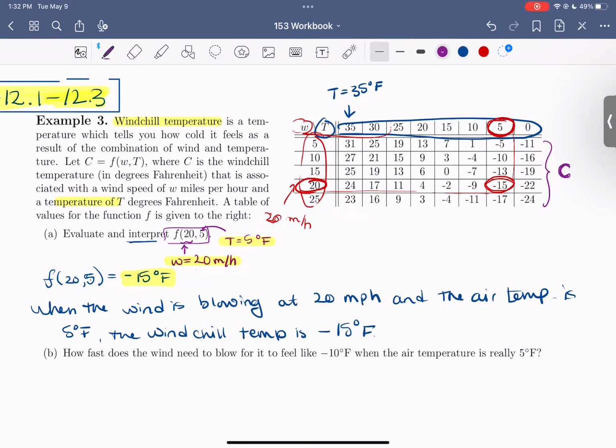That's how we can interpret that value of f at 20, 5.